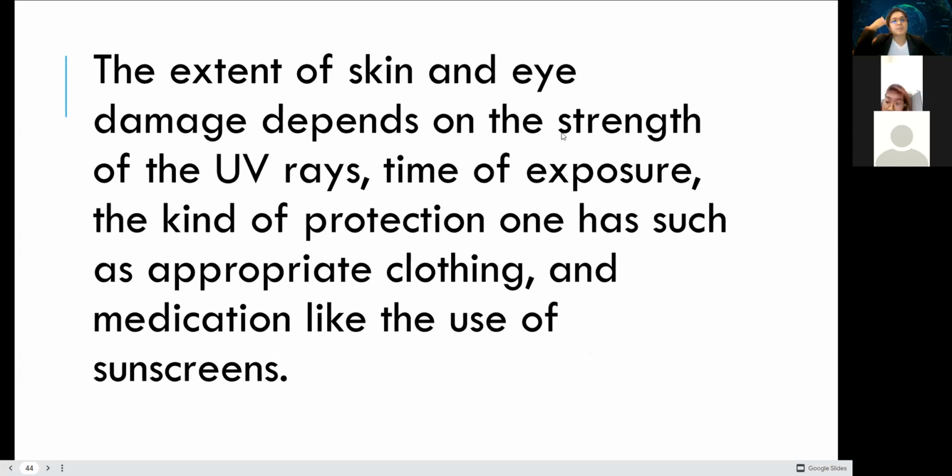There are a lot of sunscreens with different labels and different components. It depends upon your skin also. Remember that your skin is sensitive to different chemicals.